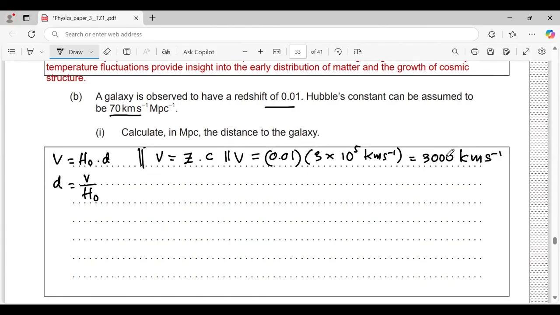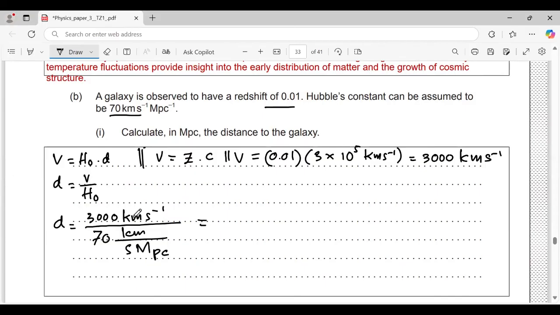After that, substitute this number into this formula. d equals 3,000 kilometer per second over H0, 70 kilometer per second per Mpc.